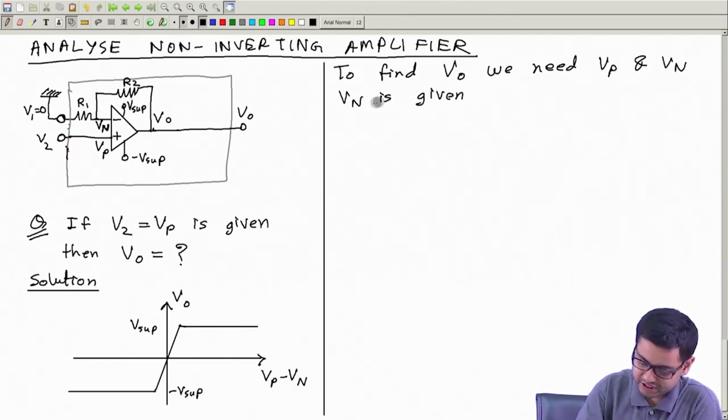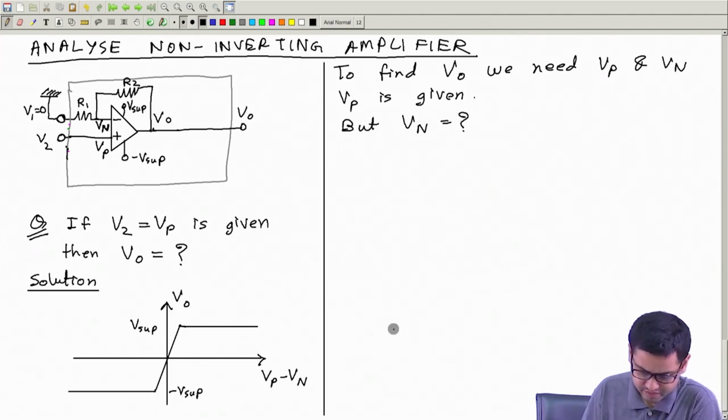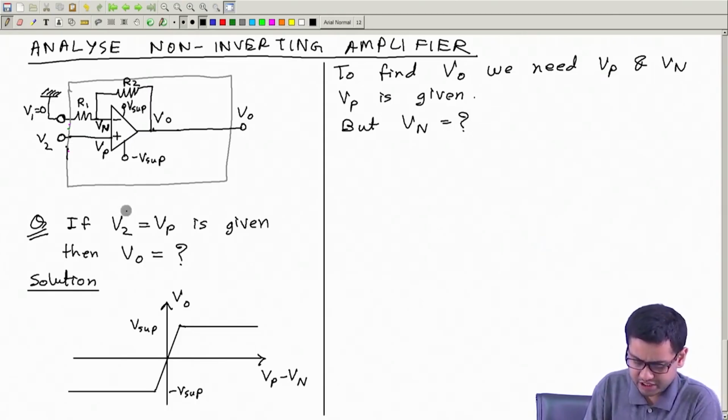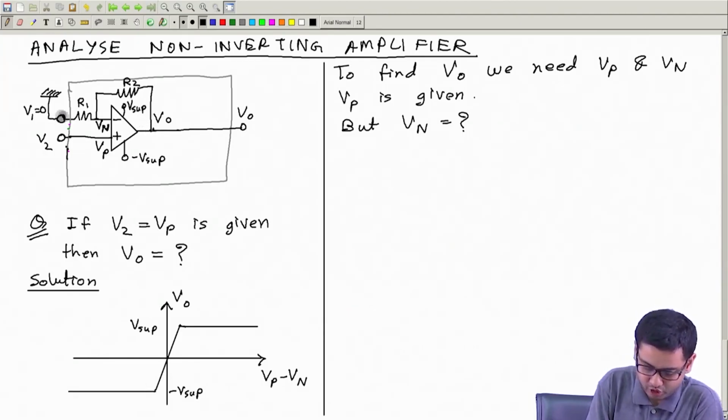Sorry, Vp is given, but Vn is equal to how much? Do we know that? No. But we can say something about Vn. How? You see that this point is at potential Vo. This point is at potential 0.